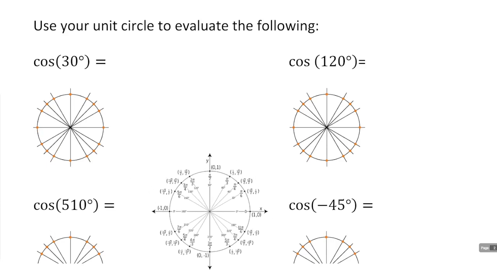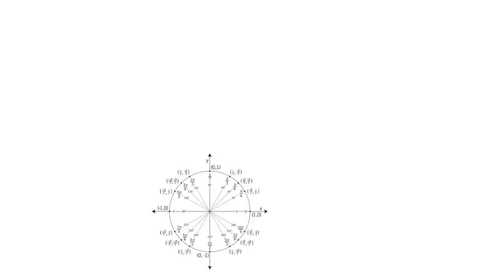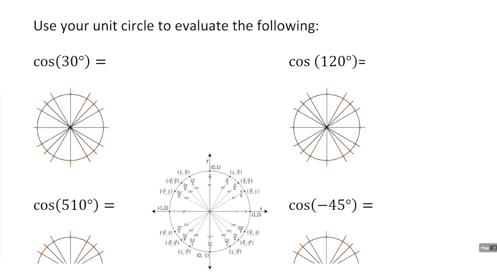But I think you should really be thinking about the unit circle as well to make these problems go a lot faster. So cosine of 30 degrees, we can see that the terminal side of 30 degrees will be at this angle measure right here.